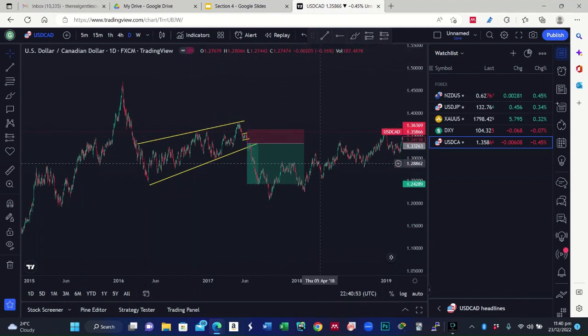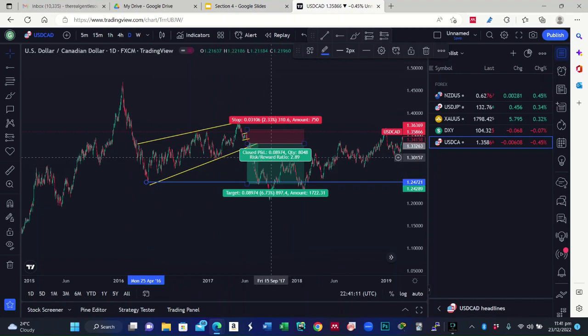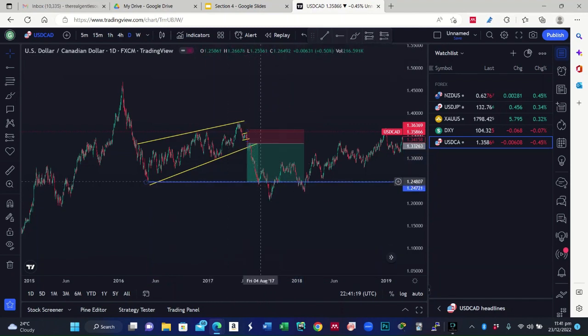So you might be wondering what is take profit, what is stop loss. Take profit is your target where you are targeting your price to reach on the chart. For example, this is the beginning of the correction. So let's say when you are trying to sell this pair, you are trying to sell it back to this point. So it means this point is your take profit.